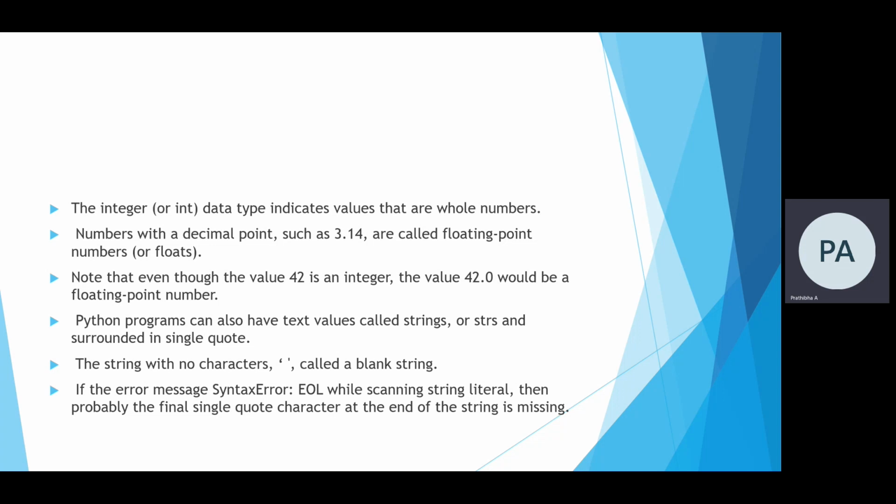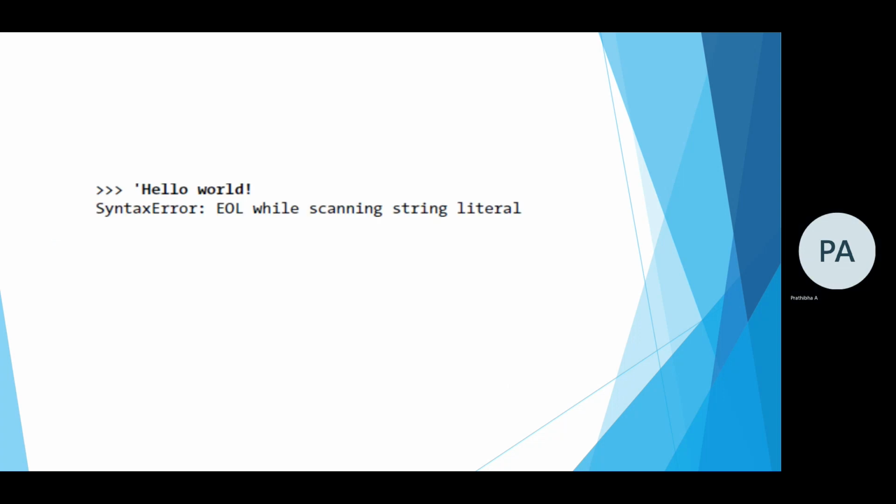If, for example, we use only one quote and do not end with the other quote, you will get an error message. EOL, meaning end of line, is your syntax error message, because the end of the string literal is missing. You can see an example here, Hello world.